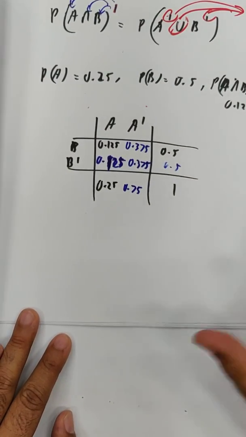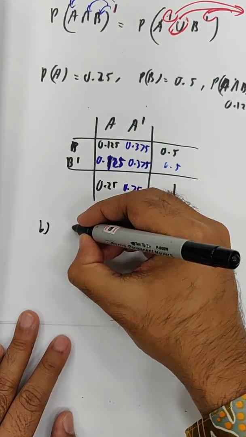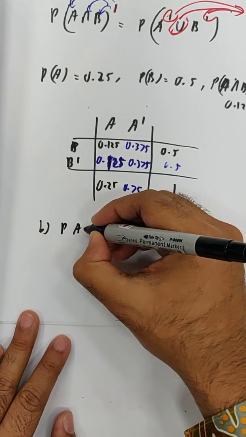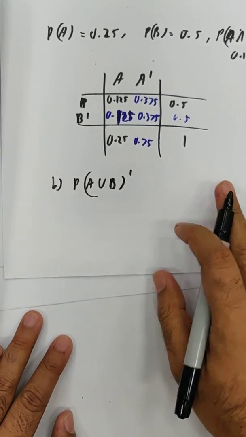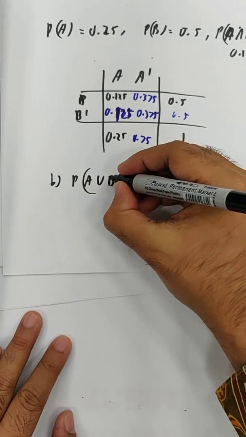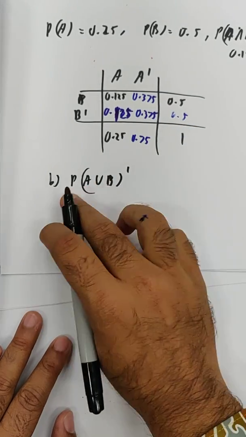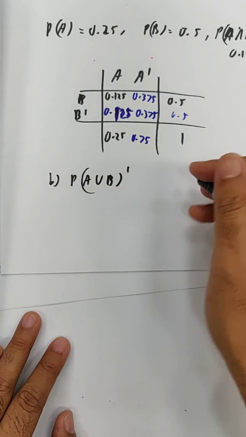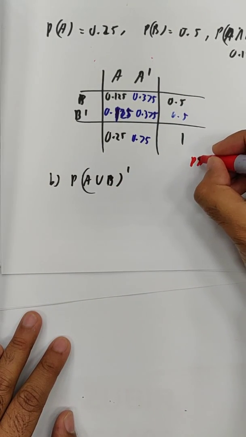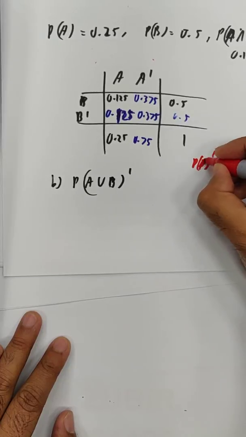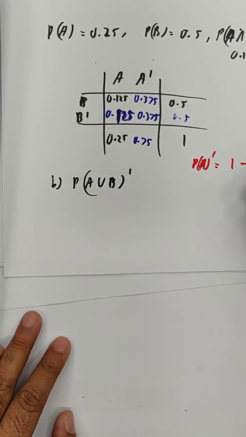For this particular question, we need to find P(A union B prime). And how do I find this? Well, you know yourself that P(A prime) is 1 minus P(A).